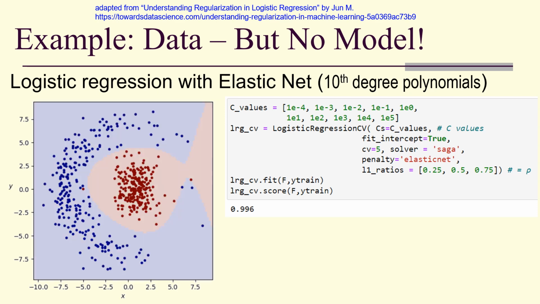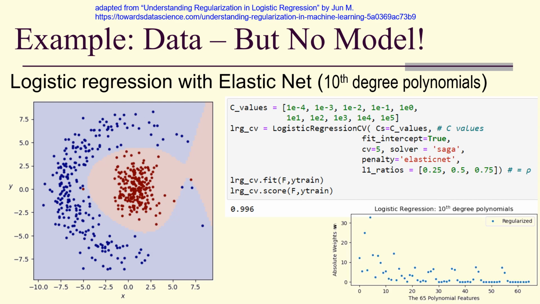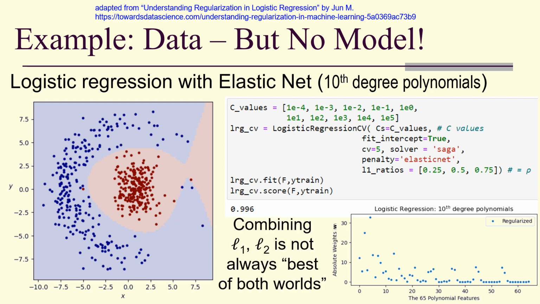Notice you get a better score, but I actually would prefer either L1 or L2, but I usually don't use both. You might think you get something of value, but what you really get is that combining L1 and L2 is not always the best of both worlds. I think you would be better off creating an L1 model and an L2 model and then using some kind of an ensemble, a stacked regression or something like that.